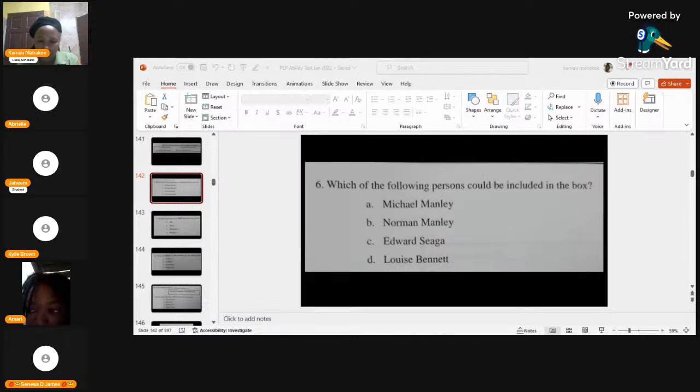Question 6. Which of the following persons could be included in the box? A. Michael Manley. B. Norman Manley. C. Edward Seaga. D. Louise Bennett.